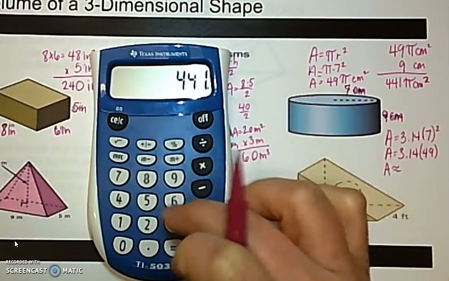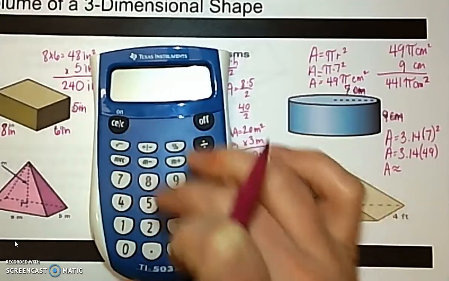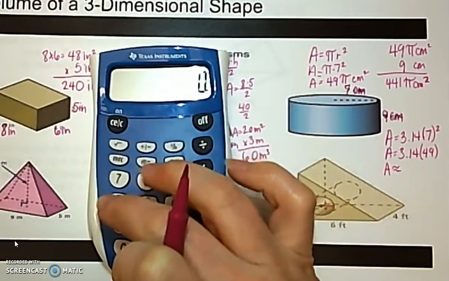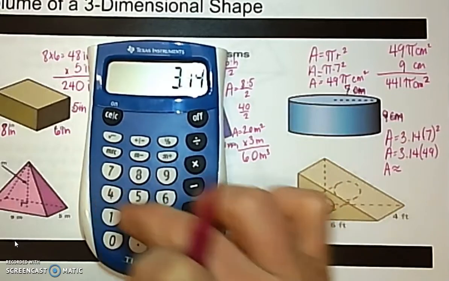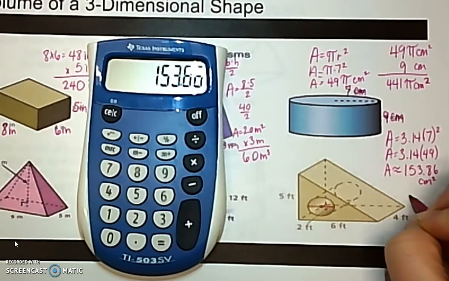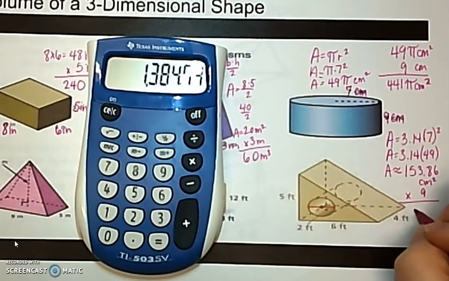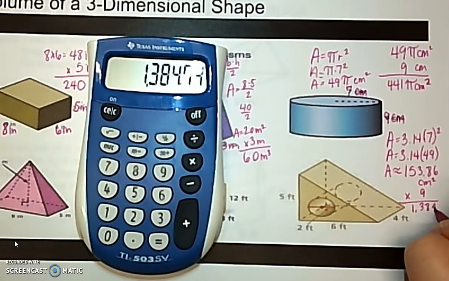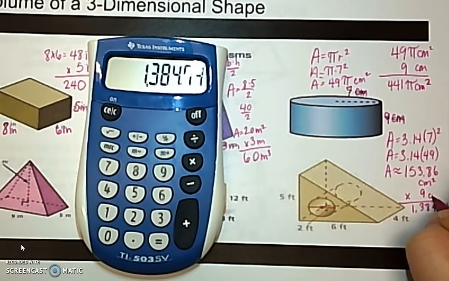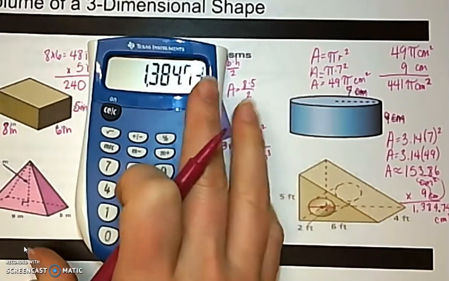And then my approximation is going to be 153.86, and that is centimeters squared, and then I would multiply that times the 9 and get 1,384.74 centimeters cubed. And that is how I get my centimeters cubed.